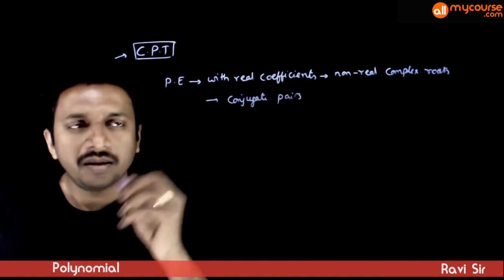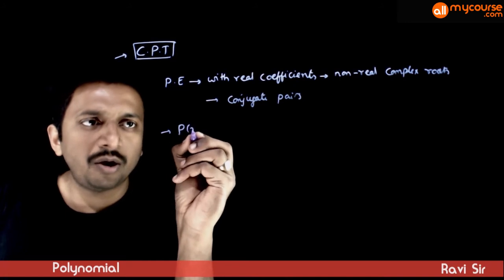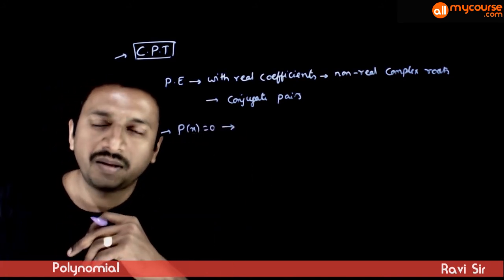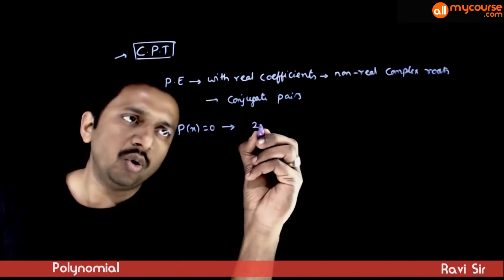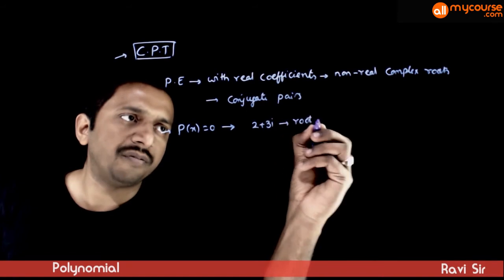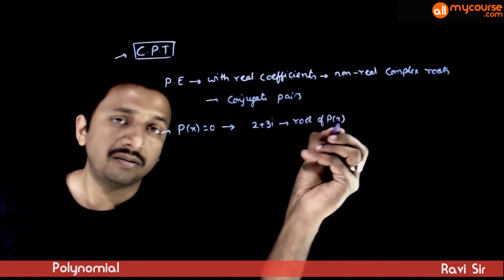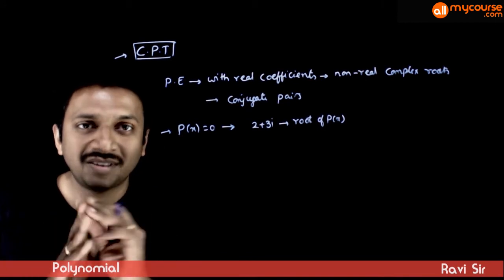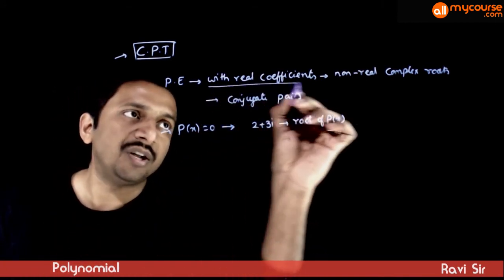For example, if you have a polynomial equation p of x is equal to 0, and it is given that 2 plus 3i is a root of p of x, I'm assuming that p of x is made up of all real coefficients. That's an important catch which you need to remember.